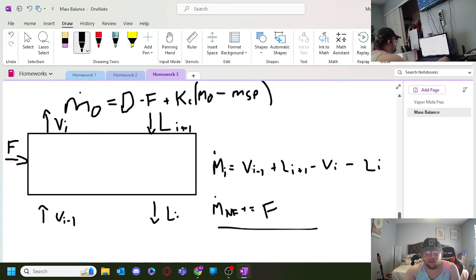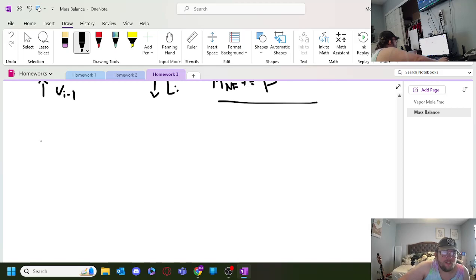but now we also got to think about our change in composition. So for example, the change in the amount of XA.